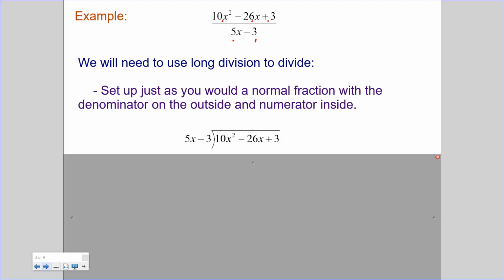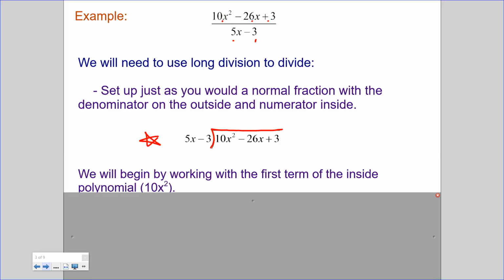And the way we'll set this up is just as you would that 65 divided by 3, that was your warm-up, where you'll put whatever the numerator was inside and whatever your denominator was outside. So here I have the long division set up where my numerator, 10x squared minus 26x plus 3, is under the radicand, and my denominator goes outside.